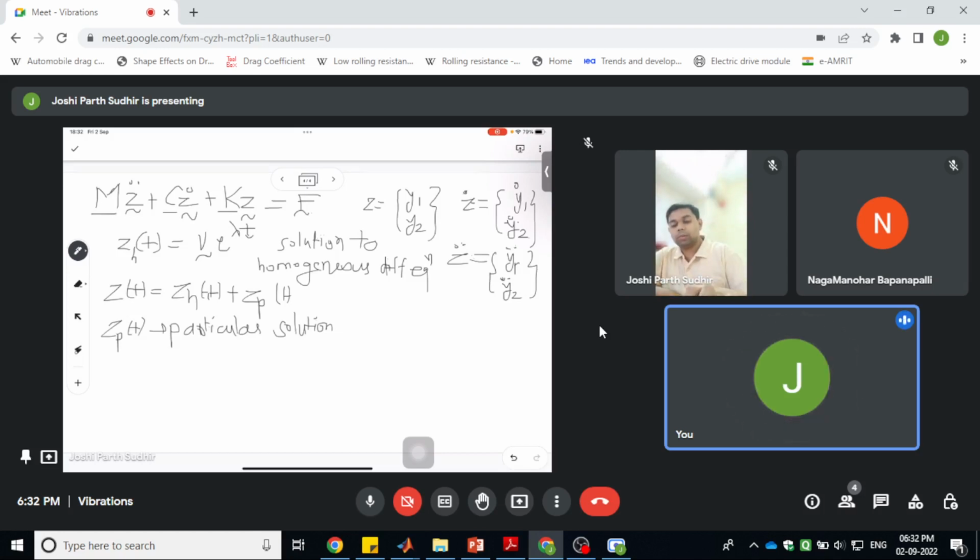So the first part of the solution is the solution to the homogeneous differential equation.